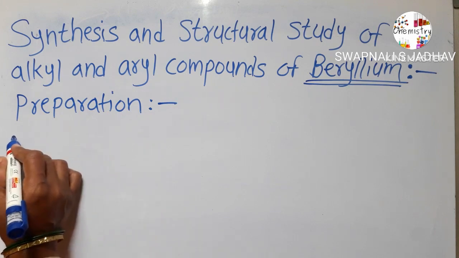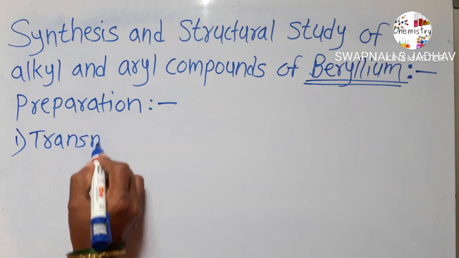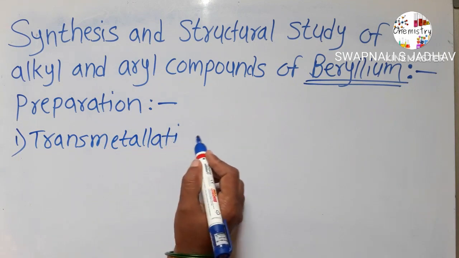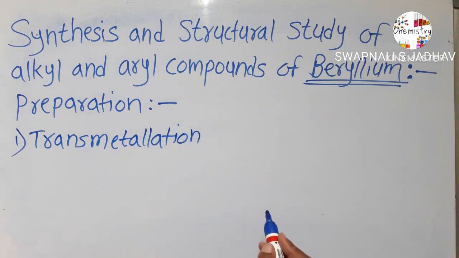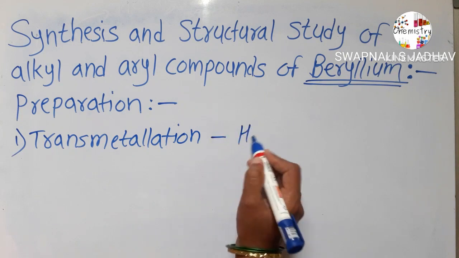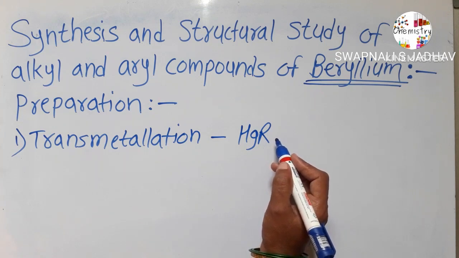So the first method is transmetallation from mercury alkyl or mercury aryl.